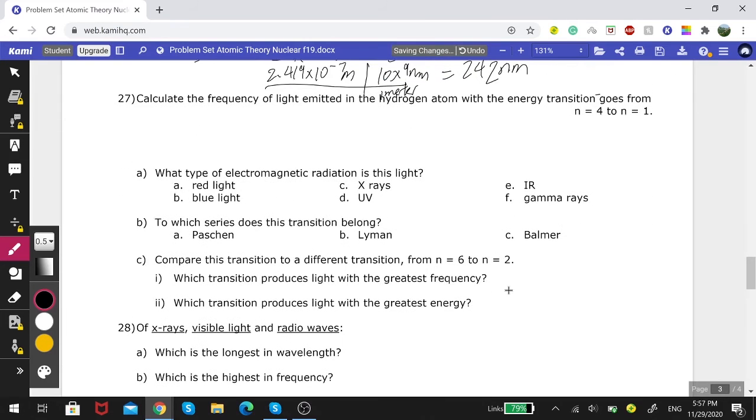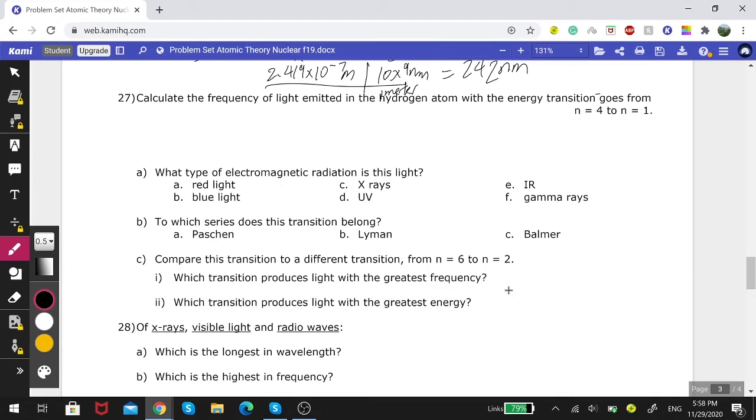Calculate the frequency of light emitted in the hydrogen Bohr model, n=4 to n=1. That is 97. I already calculated the wavelength. Okay, so let me think.